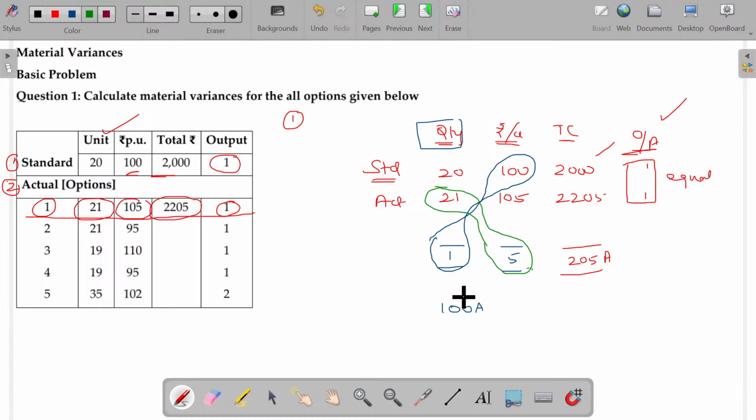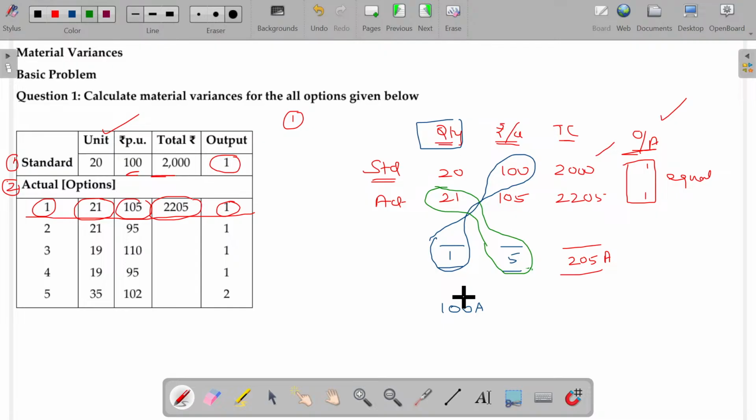As per your standard, you consumed 1 unit excess, so for the excess 1 unit, what is the standard price? My intention is to find out the variance due to only the consumption. Here, I consumed 1 extra at my standard price being 100. So, 100 into 1 will be taken. For the price, I paid 5 rupees excess, also adverse.